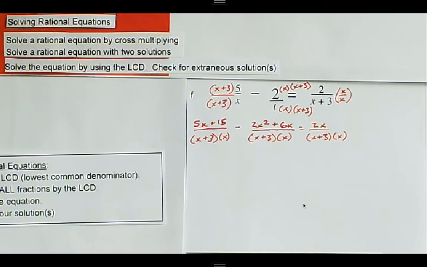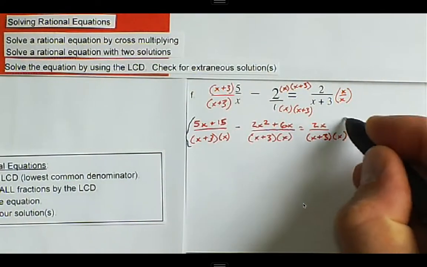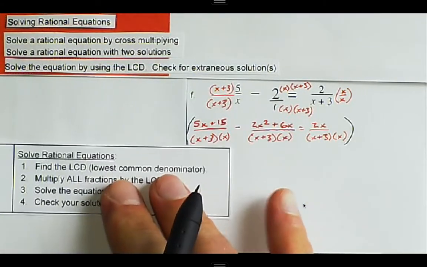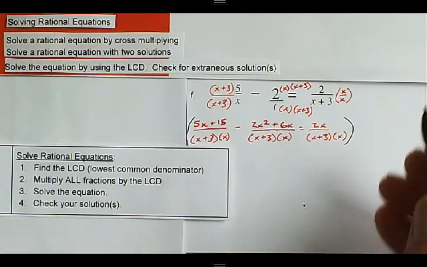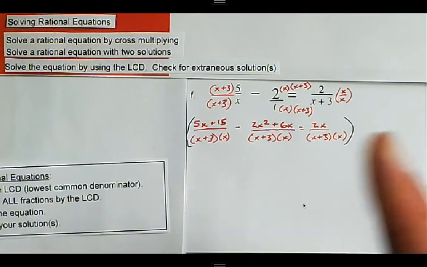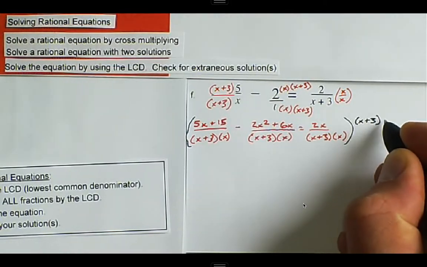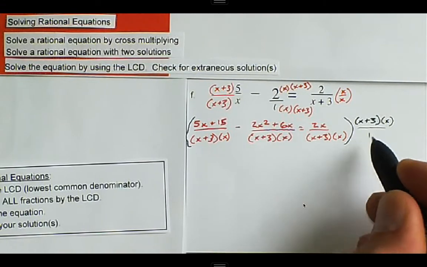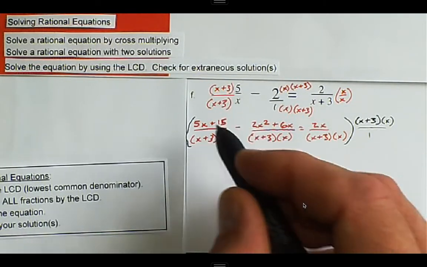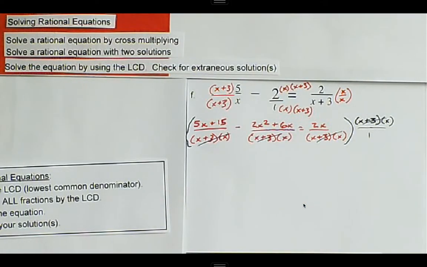Now, in order to simplify our life a little bit, the next step is to multiply all the fractions by the LCD, and that's going to get those factors out of the denominator. So we're going to multiply by x plus 3 times x, and that's going to be in the numerator. So when we distribute to all the terms, they cancel, and then we're just left with what's in the numerator.